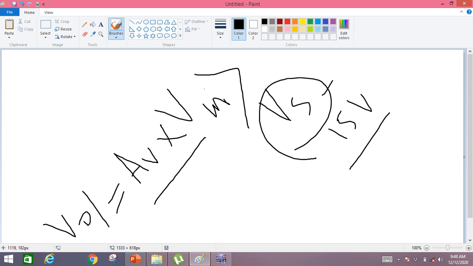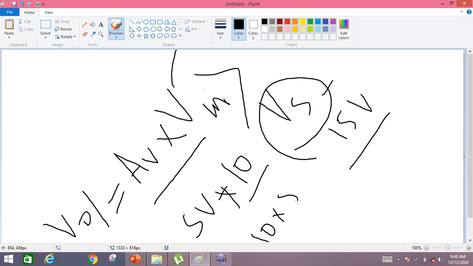हम ये कह सकते हैं कि अगर जो हमारा इनपुट वोल्टेज है that is 5 volts and let's suppose the gain is 10. So 10 into 5, the output voltage will be 50 volts.